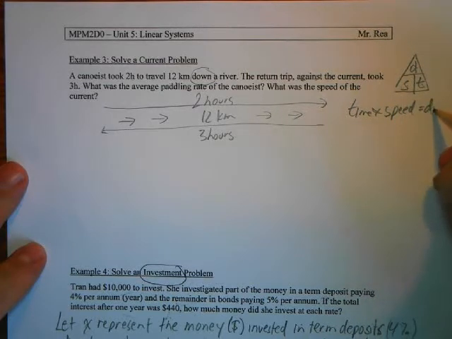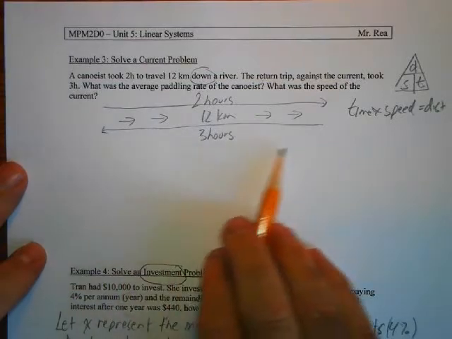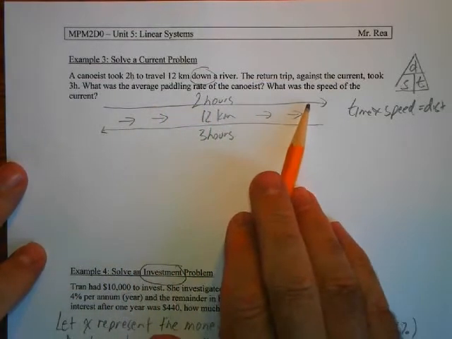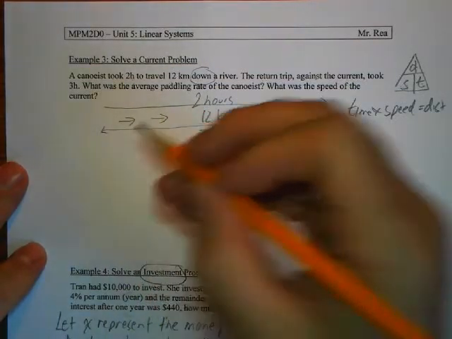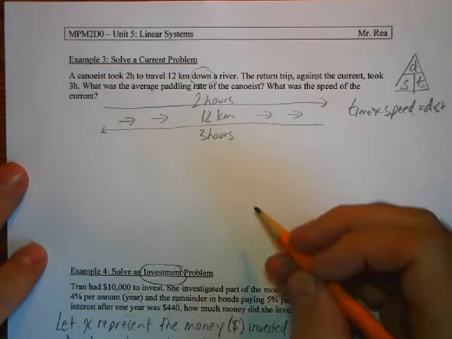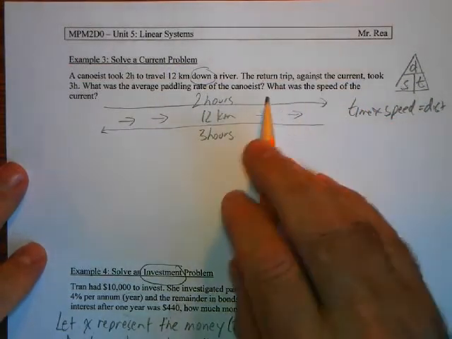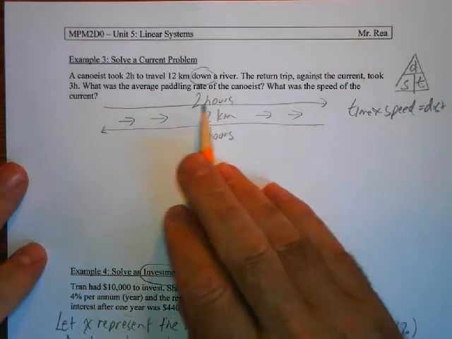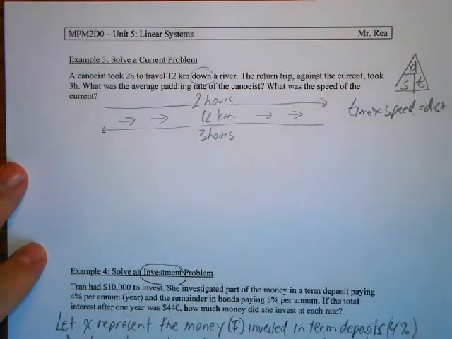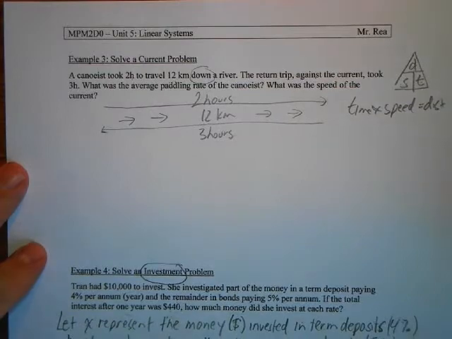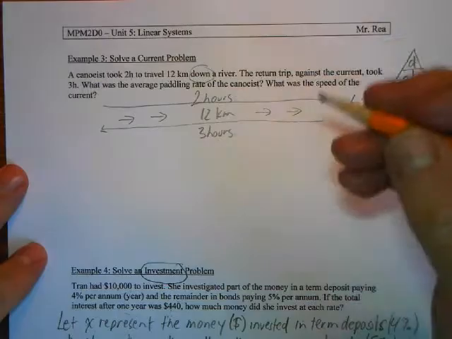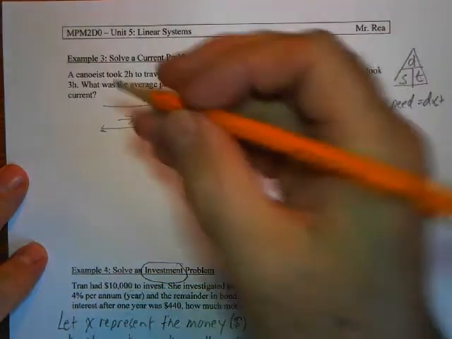When I talk about the first trip going downstream, right away we can see it took 2 hours. Before I do that, we've got to define our variables. What was the speed of the canoeist, the paddling rate, and what was the current? Let's use P for paddling.